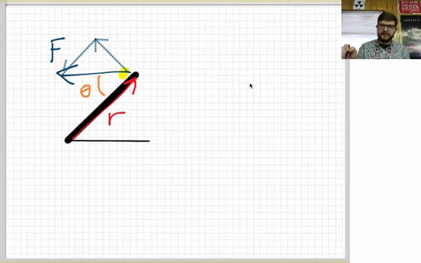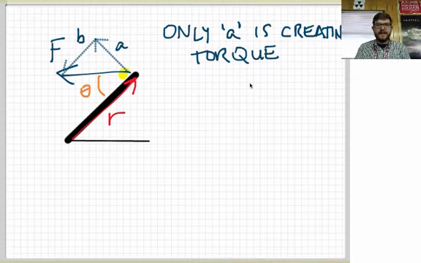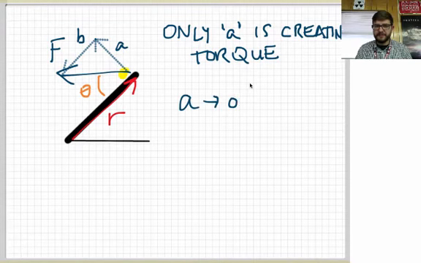If we call one of those A and B, that means only A is actually creating torque, meaning that only the force pulling perpendicular is actually doing anything. B is just pushing against the door, which isn't going to spin it. You try just pulling on a doorknob in the direction of B, and you're not going to successfully open a door ever.